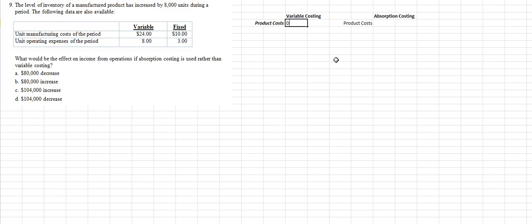We're going to include direct materials. We're going to include direct labor. And we're going to include only the variable portion of factory overhead.